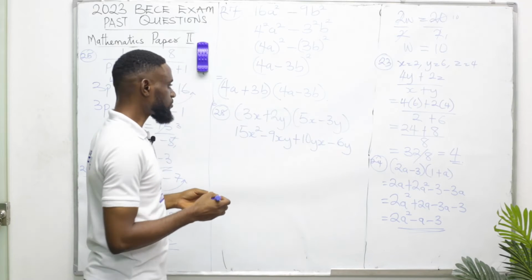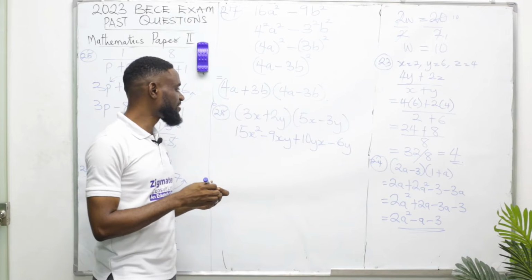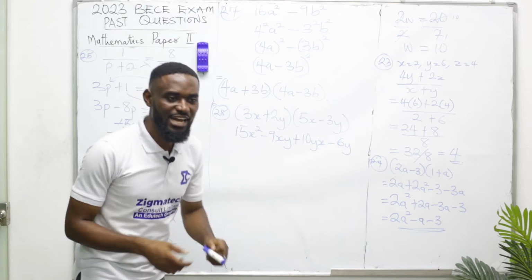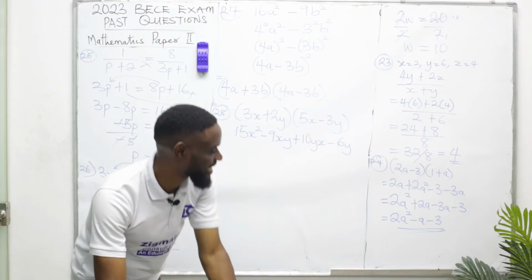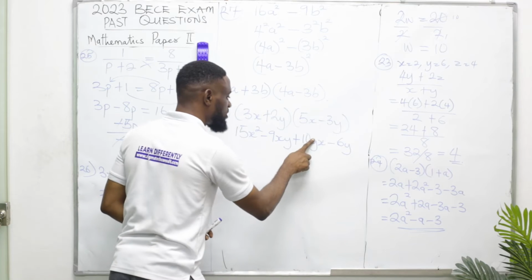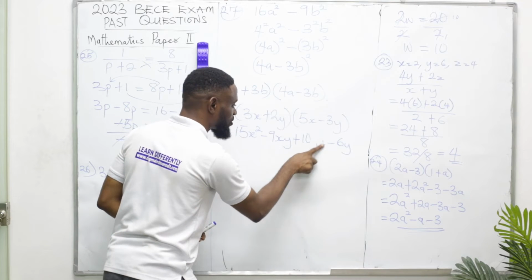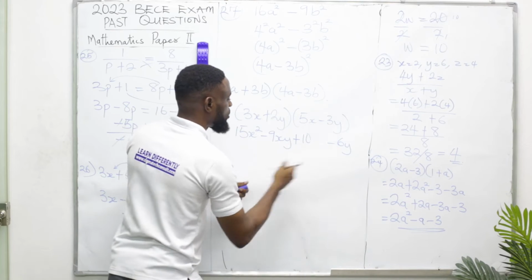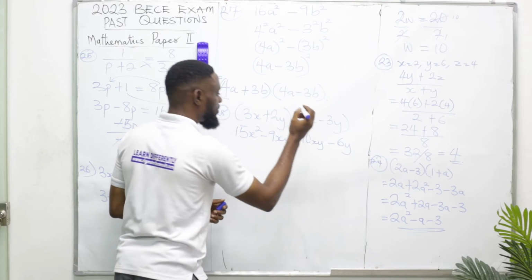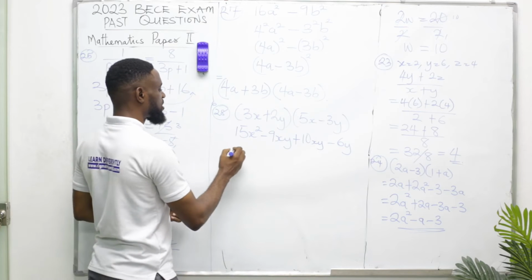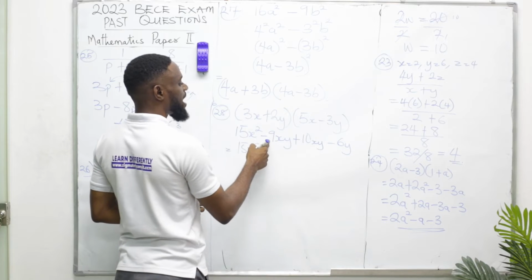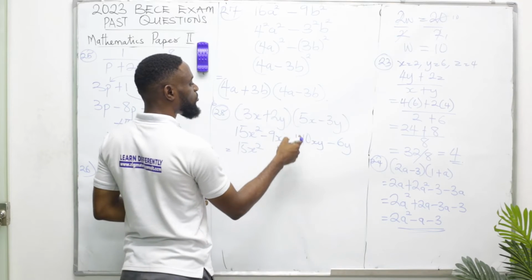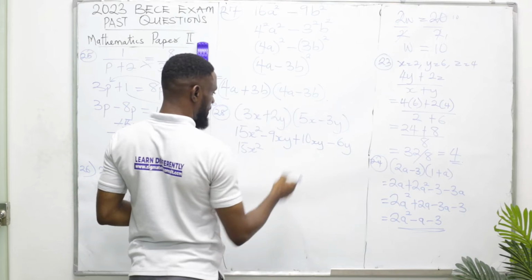Okay. So if we have this now, what they're asking us is find the coefficient of xy in the expression. So xy is here. This yx is also xy. So let's put it as xy so that you know it's the same thing, right? So this is equal to 15x squared minus 9xy plus 10xy.